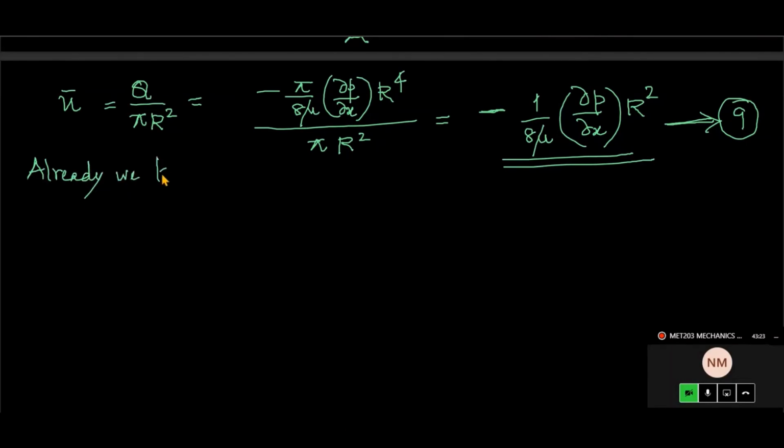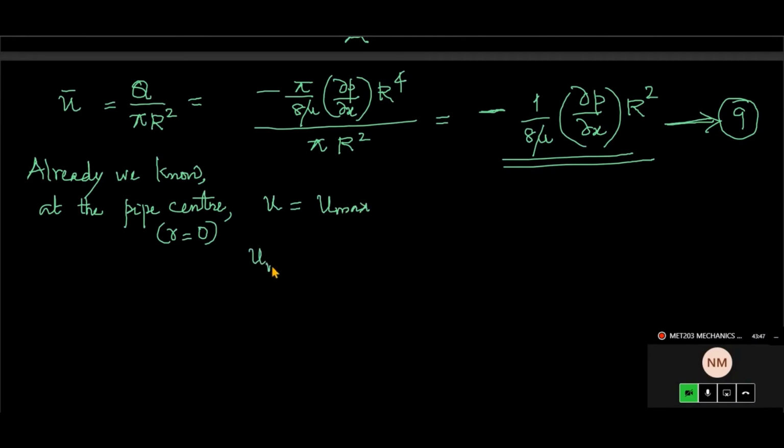And already we got, see, already we know at the pipe center, where radius is, pipe center means what? Radius is 0. Small r is equal to 0 and velocity u is equal to u max. We already know this, we discussed the parabolic variation and so on. We found that u max.